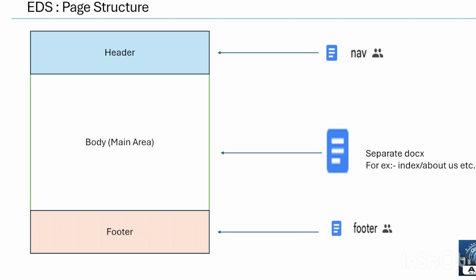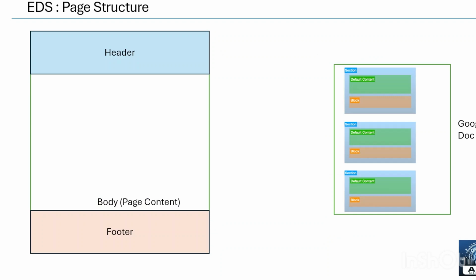So as your page is divided in three main sections, similarly, if you see the page on the left hand side and how it is structured, your document on a very high level is structured in this way, where you have multiple sections inside your document, and each section can contain different content based on your requirement and need.